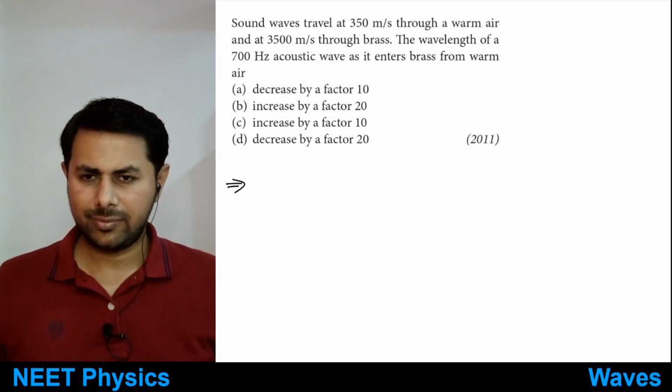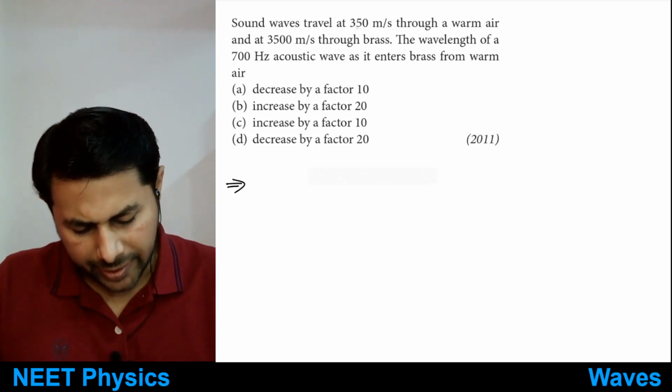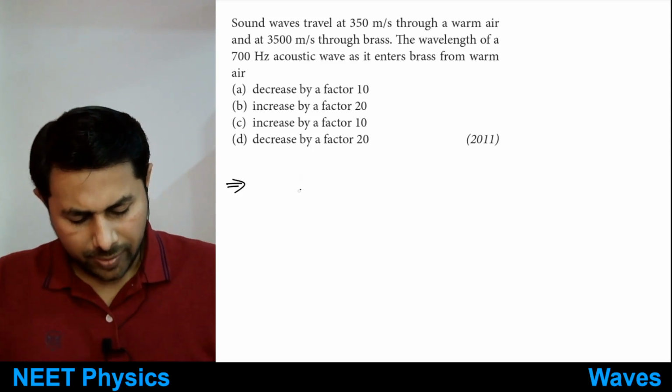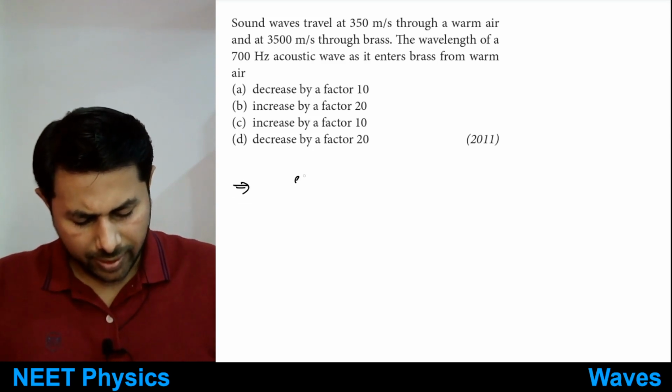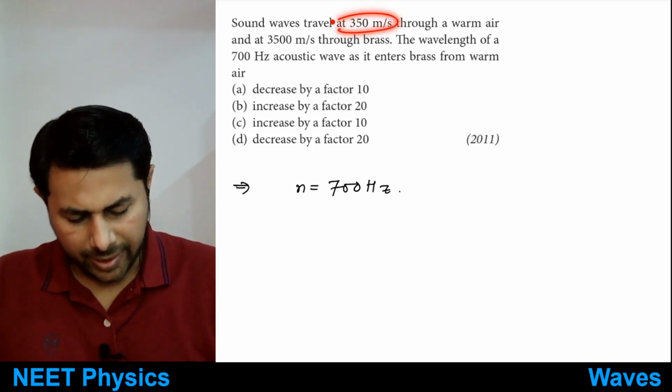That's simple. So see what we'll do is we have the frequency. So n is equal to 700 hertz in one medium. In what medium? In air.